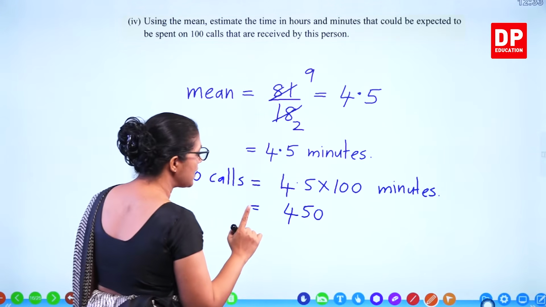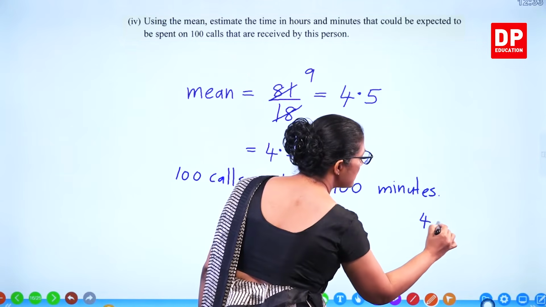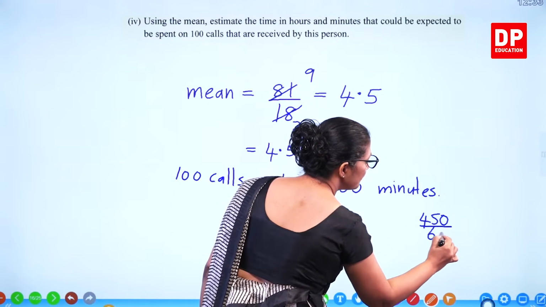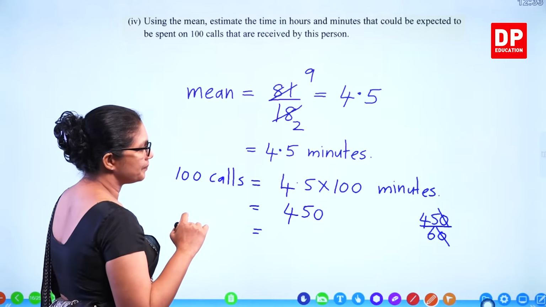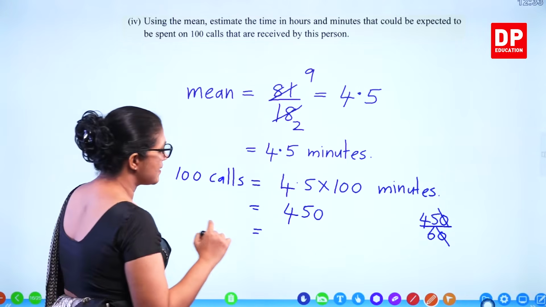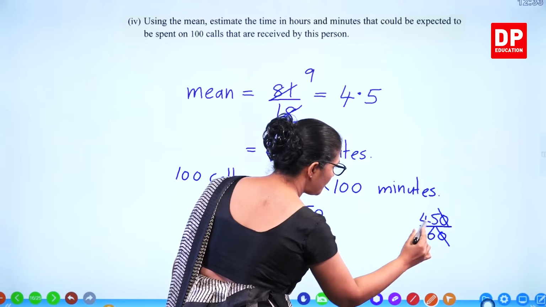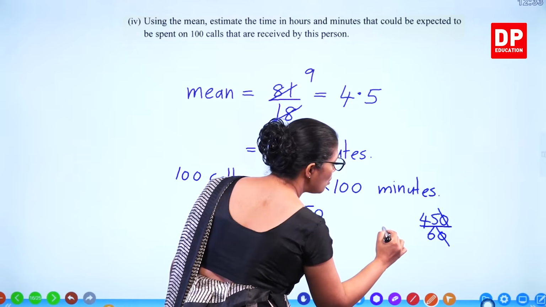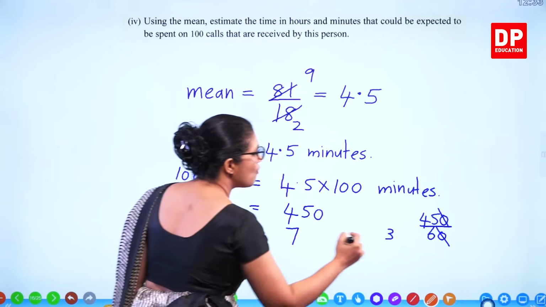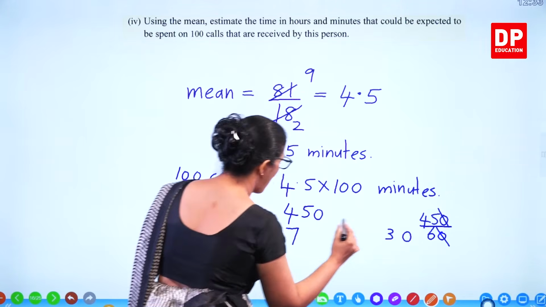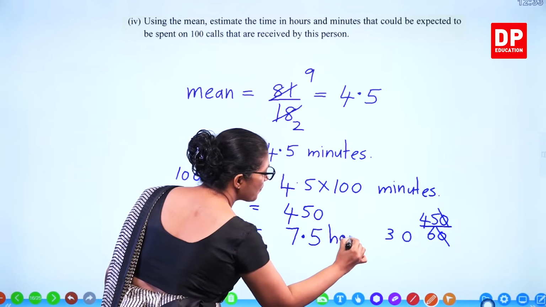Now how we convert to hours? You can divide by 60. So 450 divided by 60, 45 divided by 6. So you get 7. That's 42. So 42, 3 remaining. So 3 remaining for 30, that's 5. So 7.5 hours.